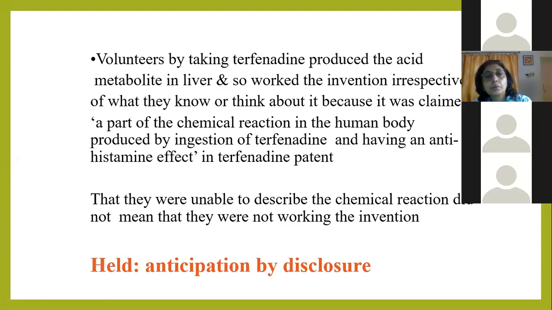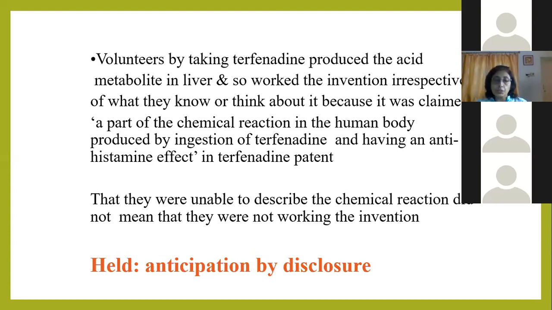Now, what the court found was that the volunteers, by taking terfenadine, produced acid metabolite in the liver and worked the invention irrespective of what they know or think about it. Because in the first patent, it was clearly said that a part of the chemical reaction in the human body is produced by ingestion of terfenadine and has an antihistamine effect.